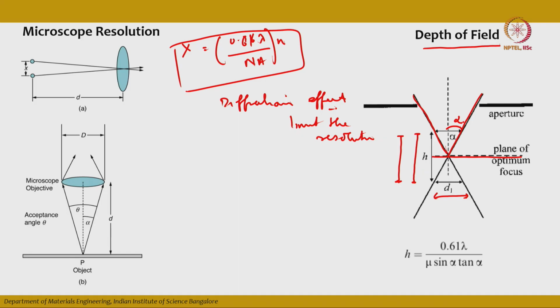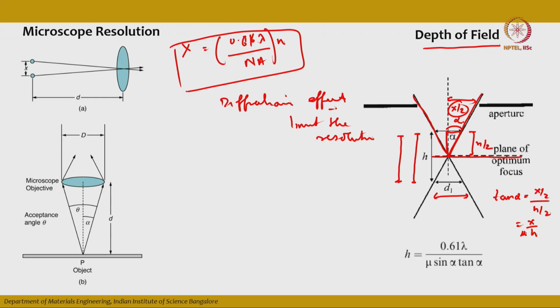If you see the simple trigonometry, if you plot this particular triangle, this is h by 2 and this is x by 2. So you can get that tan alpha is given by x by 2 divided by h by 2, which is equal to x by h. If it is in any medium, air or some oil medium, you have to put in a refractive index mu.